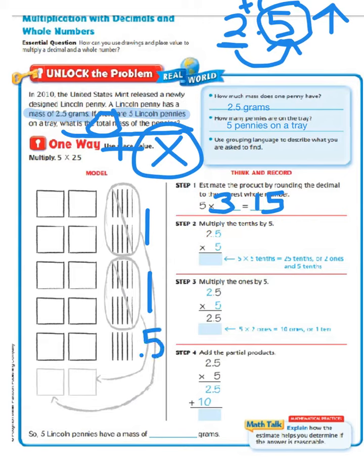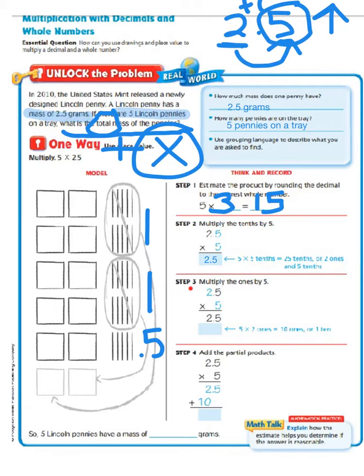So when we add these two together, we have 1, 2, and 5/10. So where it has to multiply the tenths by 5s, we know that 5/10 times 5 equals 2 and 5/10. So we'll record the 2 and 5/10 in the blue box provided.